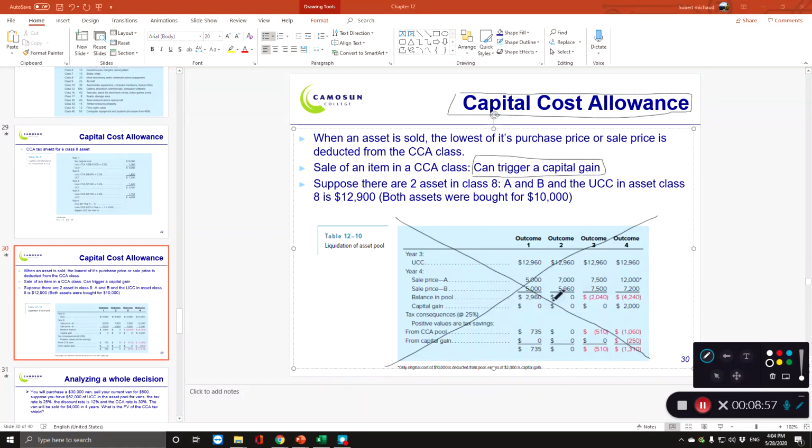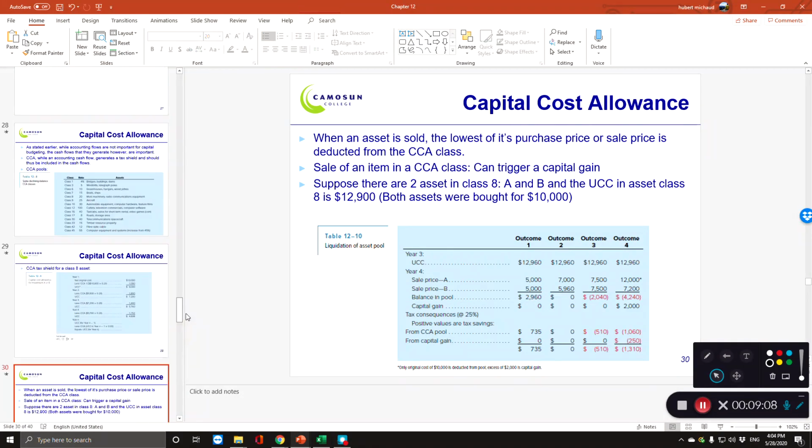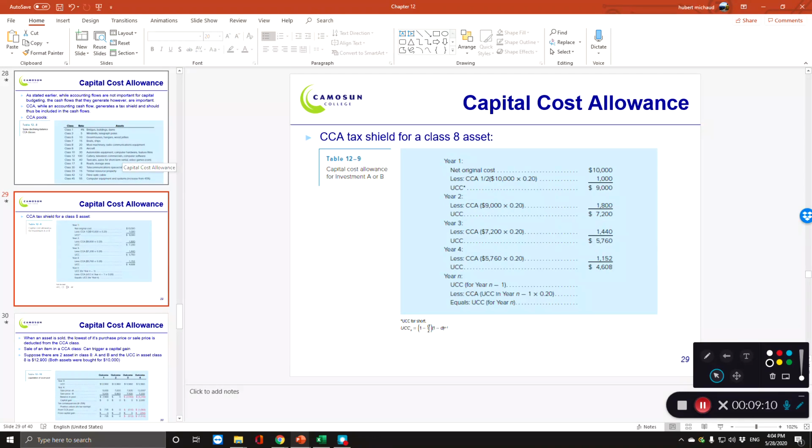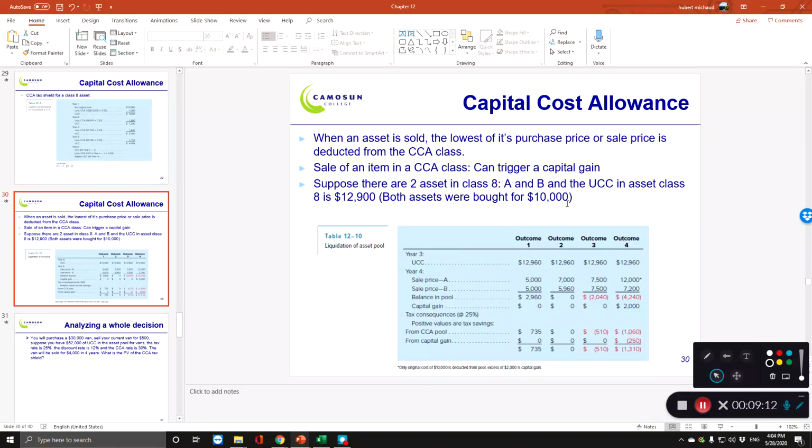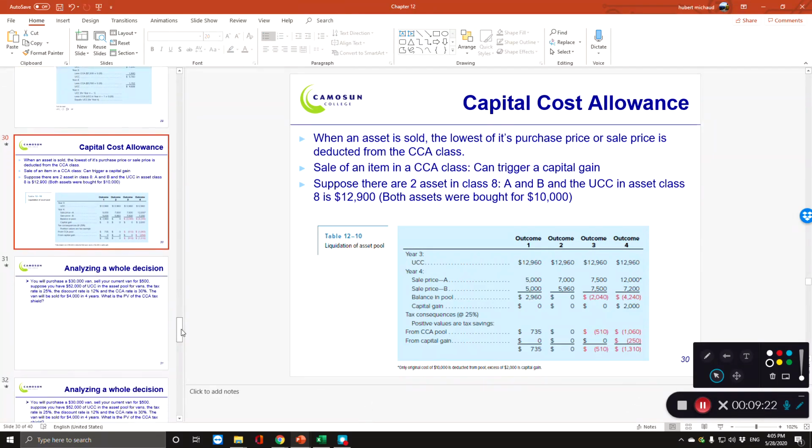So you don't need to worry about it too much. You do need to worry, by the way, about this and this here. What I'm talking about in this slide is closing the asset class. I want you to understand the general logic, but I'm definitely not going to make you do this all the time at all.